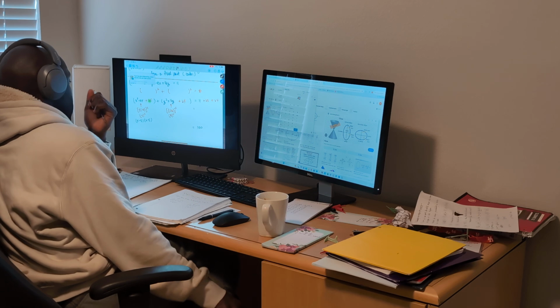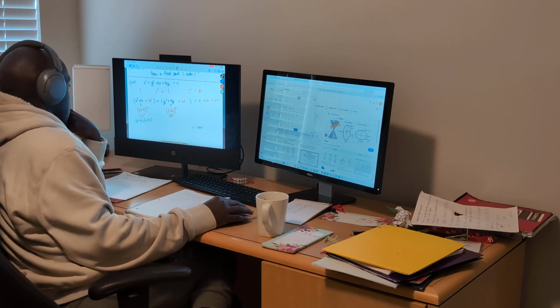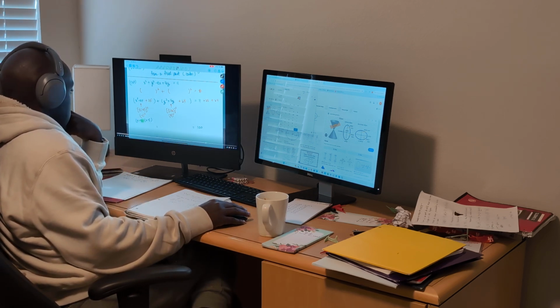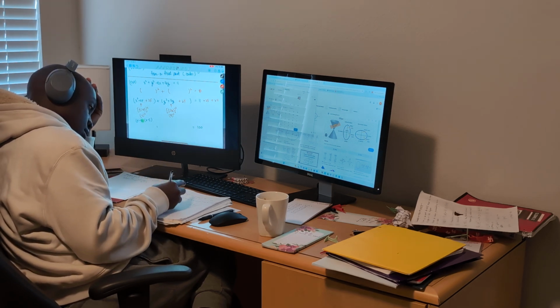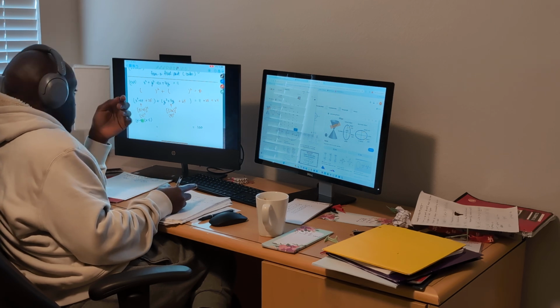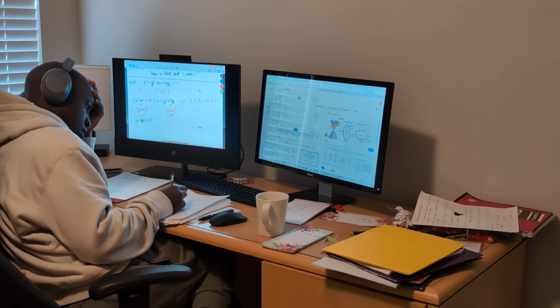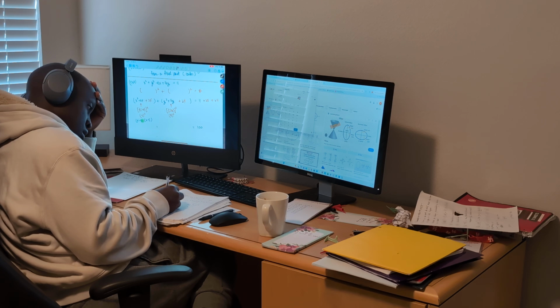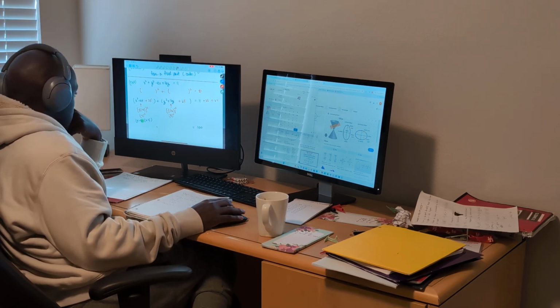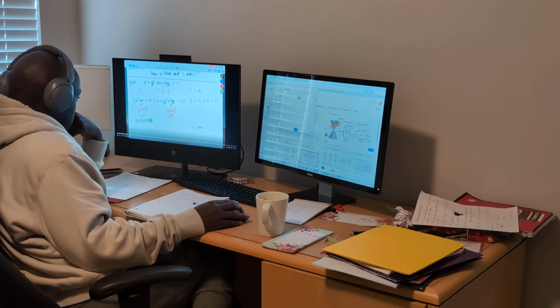So this trinomial is considered a perfect square trinomial because it can be written as a binomial times itself.